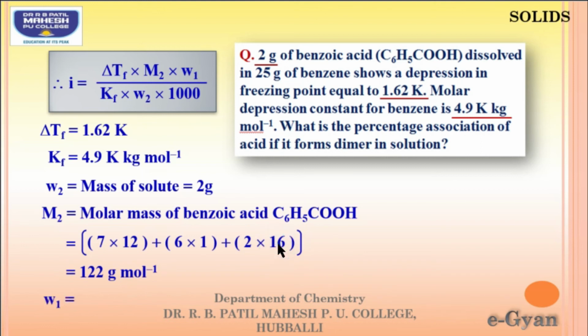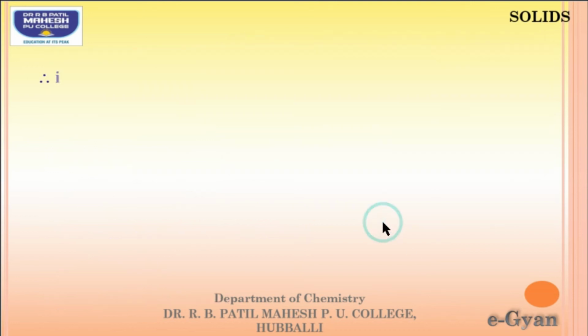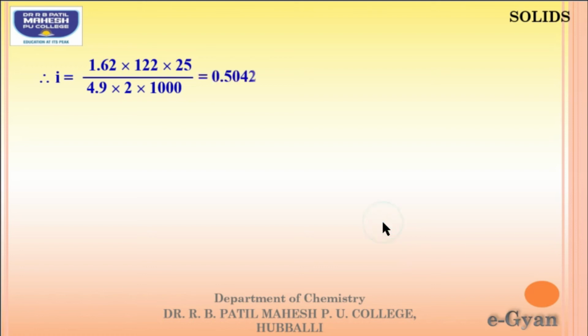W1 is given as 25 grams, that is the mass of the benzene. So substitute: i is equal to 1.62 into 122 into 25 divided by 4.9 into 2 into 1000. So I will get 0.5042.